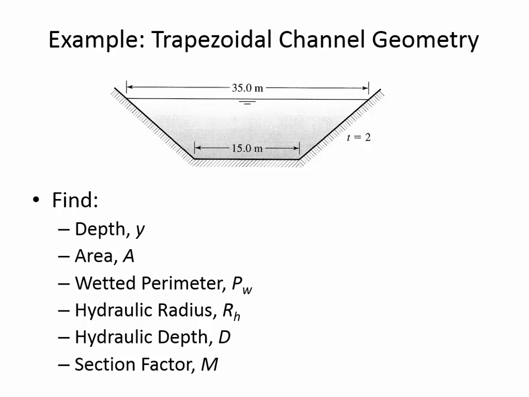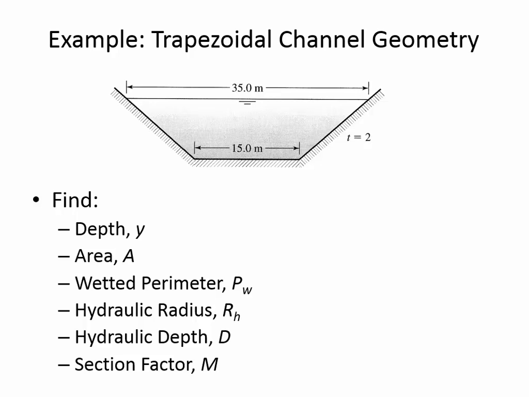Hydraulic radius, R sub h, is area divided by the wetted perimeter. And that is going to be 125 square meters divided by the wetted perimeter of 37.4 meters. And it is 3.346 meters.